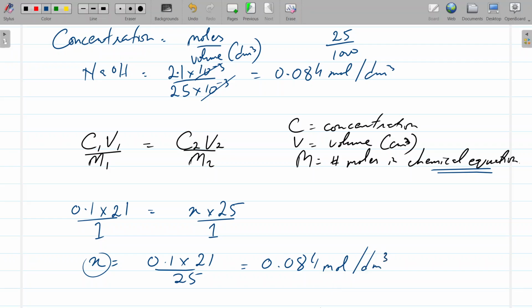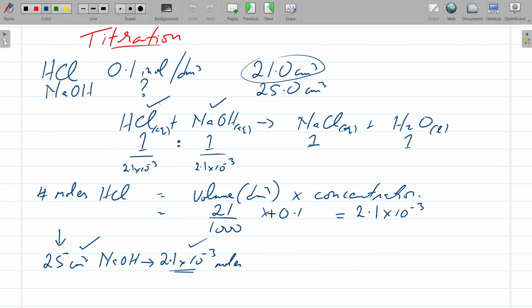Didn't that make life much easier? Right, remember: concentration, volume in centimeter cube, and moles of the chemical equation, not the number of moles that we used over here. The mole ratio is important.